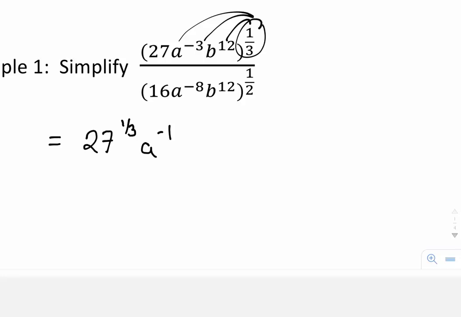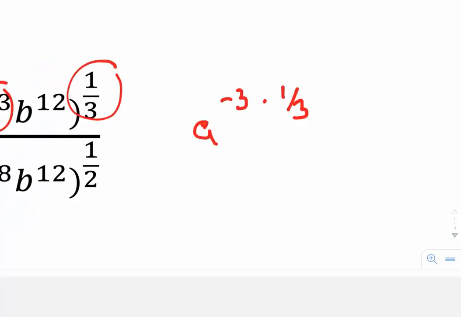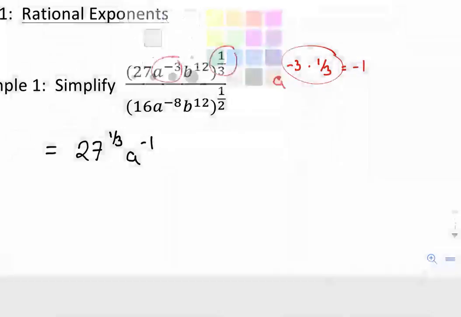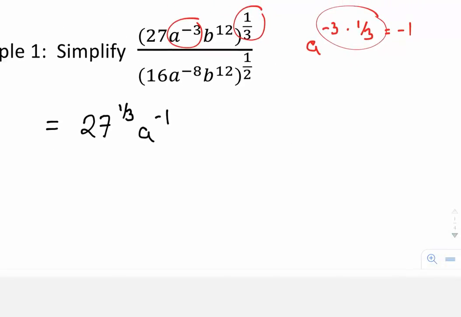Well, just isolate this part over here: a to the negative 3, and 1/3. Well, remember, that's a negative 3 times 1 over 3. I'm multiplying the exponents. So if I just focus my attention on the exponents here, negative 3 times 1 over 3 will just give me negative 1. And that's where the negative 1 comes from in this step of the equation.